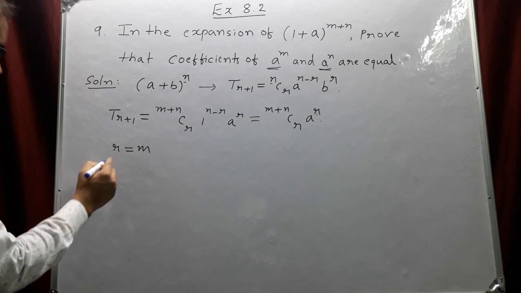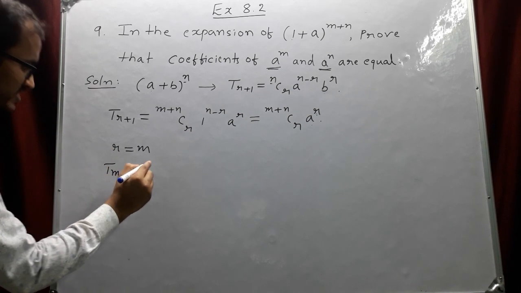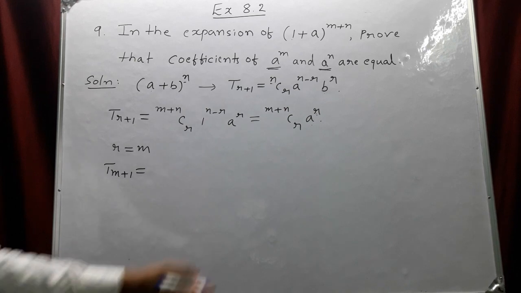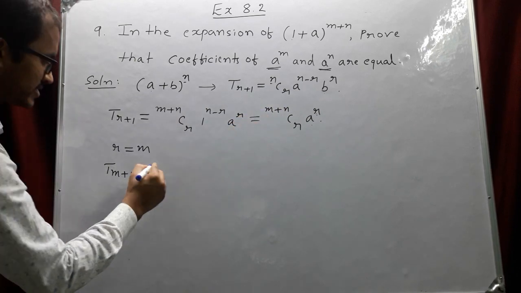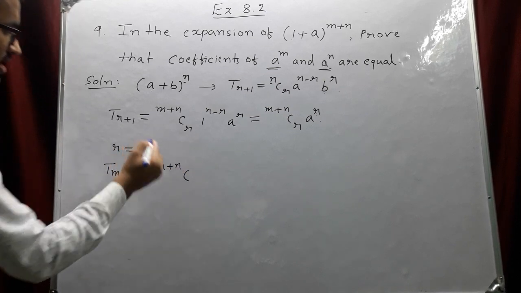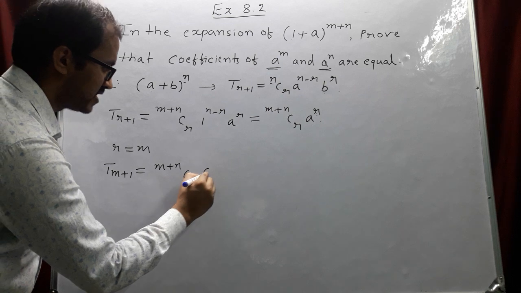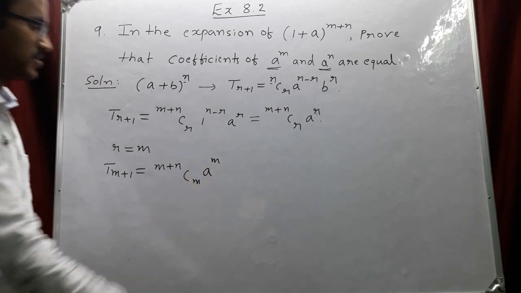So what we will get, T(m+1) is equal to (m plus n)C, the r value is m here, a power m.